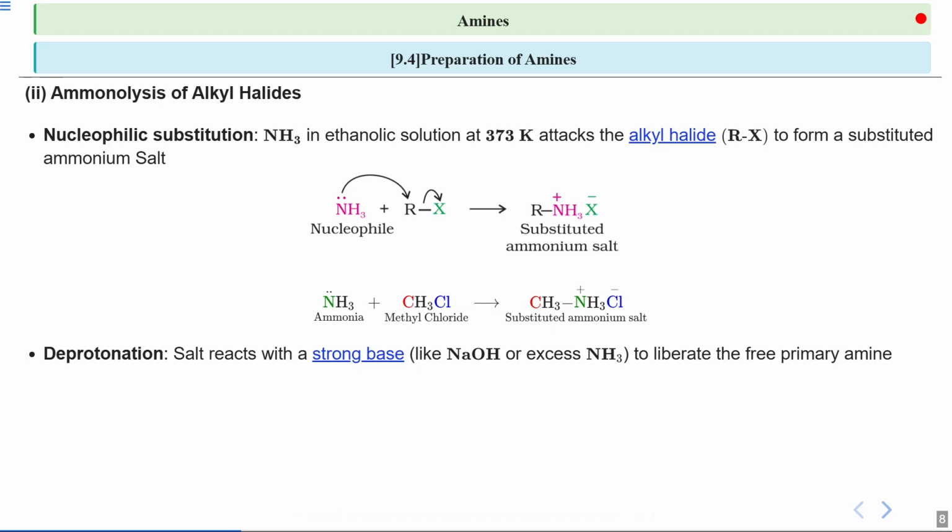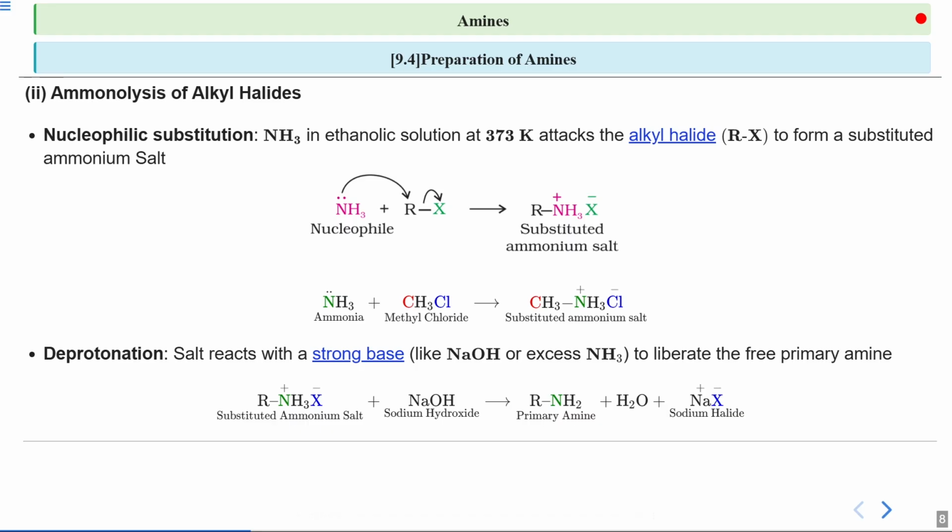The substituted ammonium salt reacts with a strong base such as sodium hydroxide or excess ammonia. This process is called deprotonation, which means we are removing a hydrogen ion from the ammonium salt. This results in the liberation of the free amine, which is the desired product.